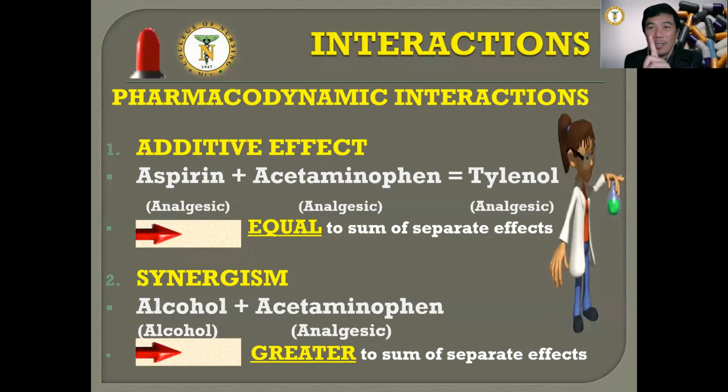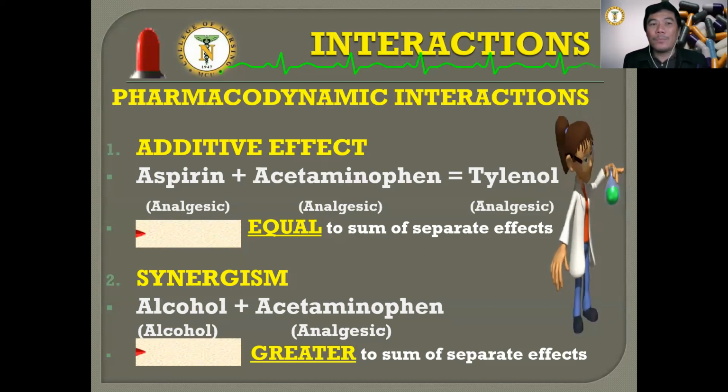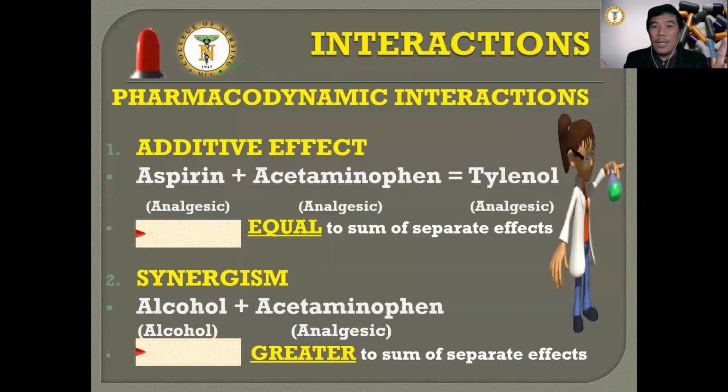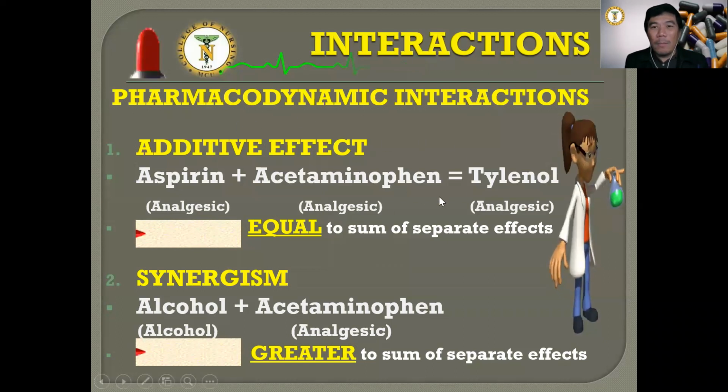That salicylate is the one that particular when it comes to analgesia, and analgesia controls pain. So what I'm talking about is aspirin as analgesic, acetaminophen is also analgesic. These are mixed together na nagkaroon tayo ng isang drug na Tylenol. So one drug added to another drug becomes Tylenol.